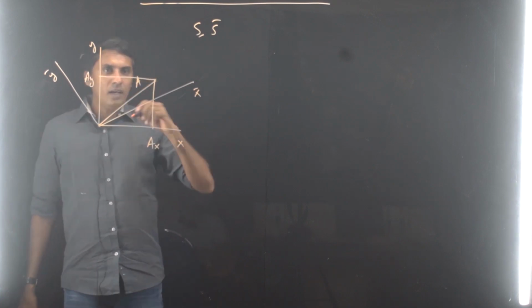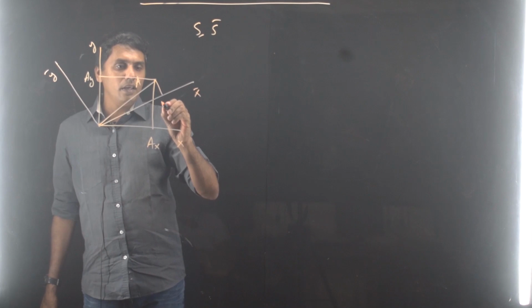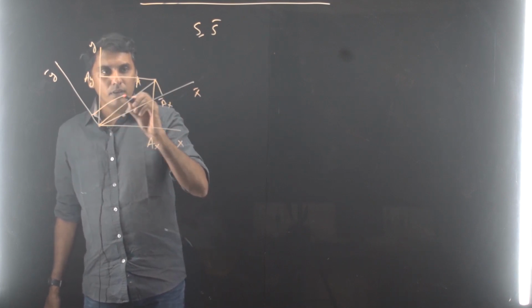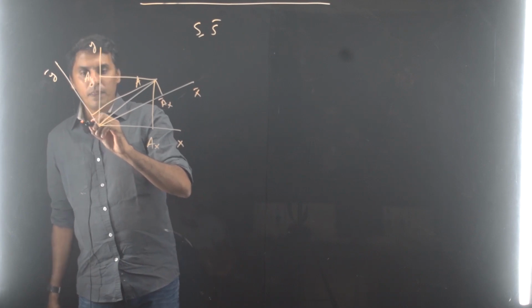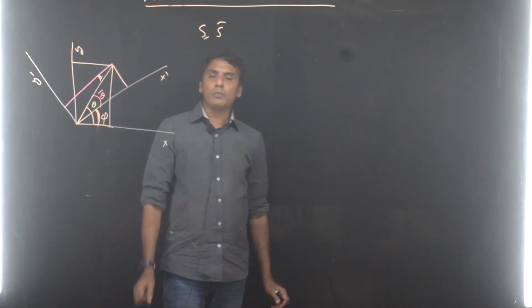Taking the same vector, this component will be Ax bar and similarly this will be Ay bar.